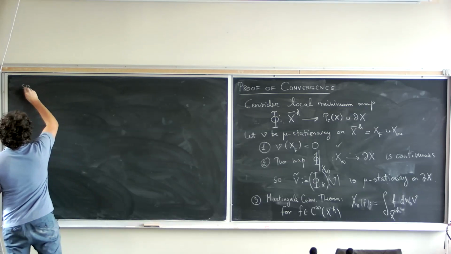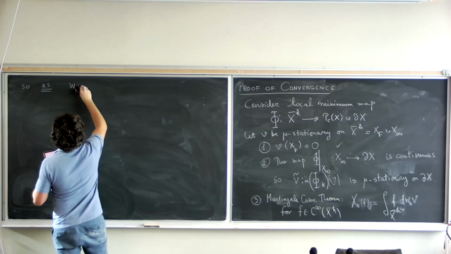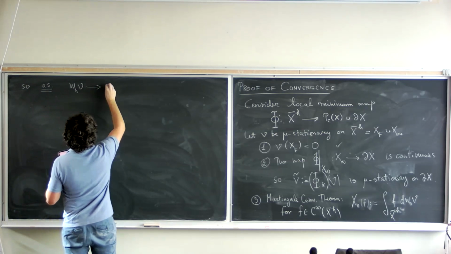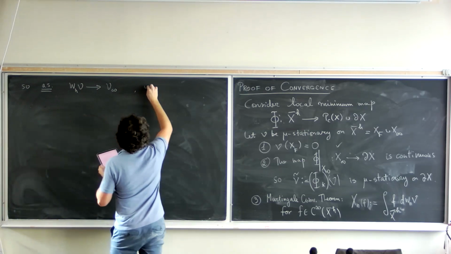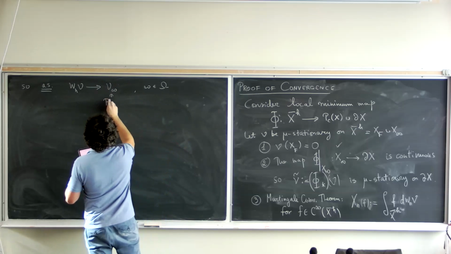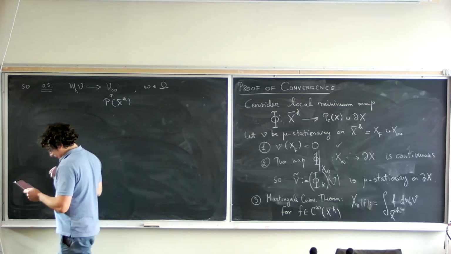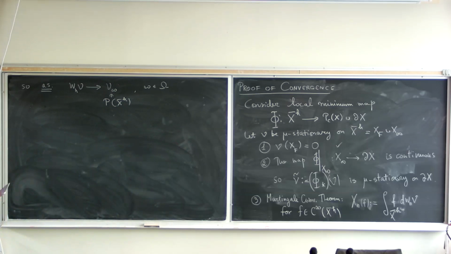Almost surely, w_n nu converges to nu_omega, and this again is a probability measure on X bar h.